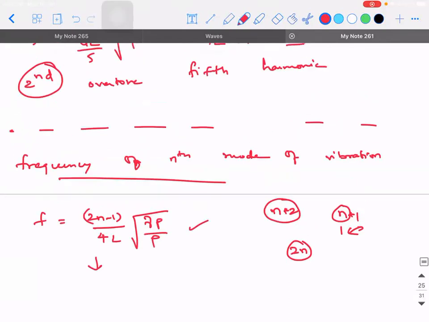It is called 2n minus 1th harmonic, or what will be the overtone for it?